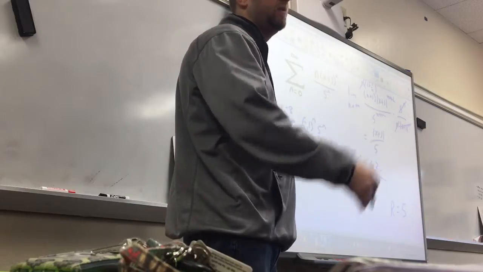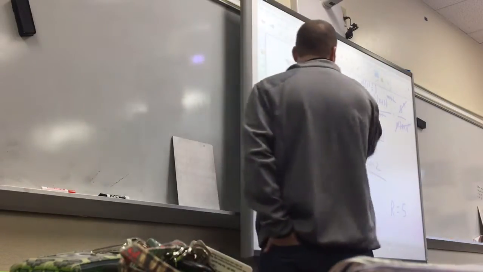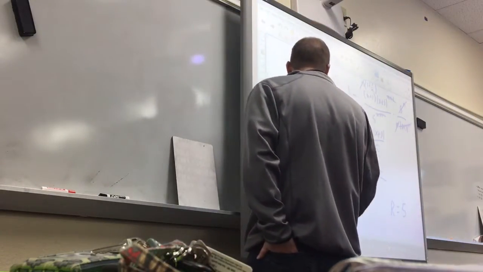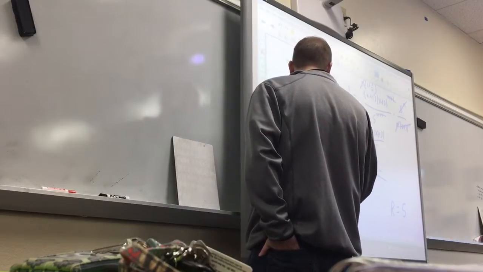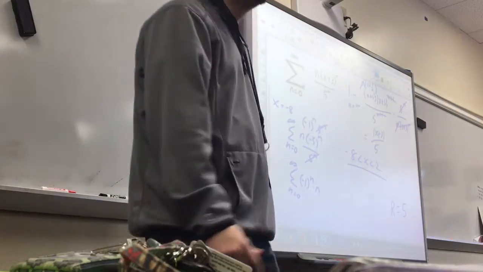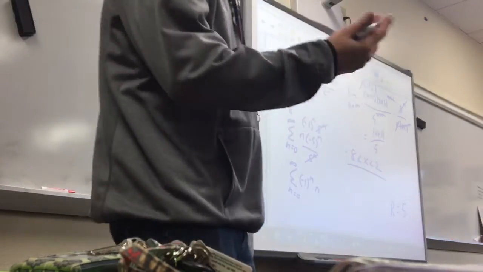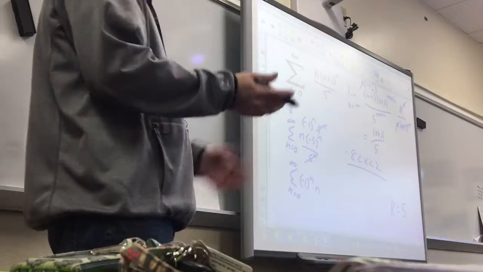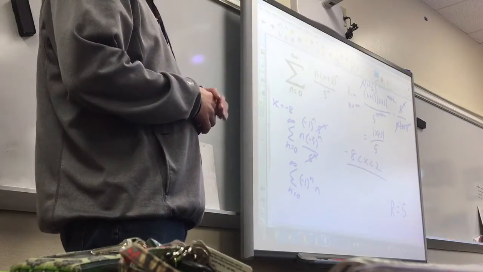Right? Therefore, my 5 to the n's will cancel. Okay? So really, I'm looking at the series of -1 to the n times n. That looks very familiar. Same thing we got yesterday. So basically, this problem is the same as the one we did yesterday, right?